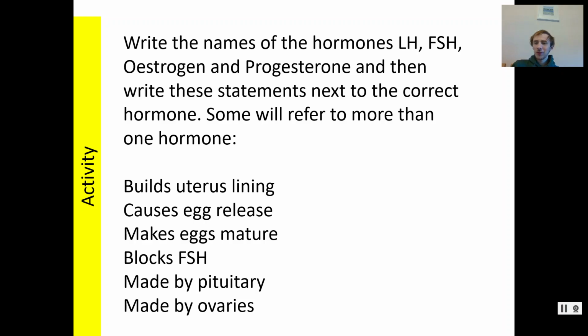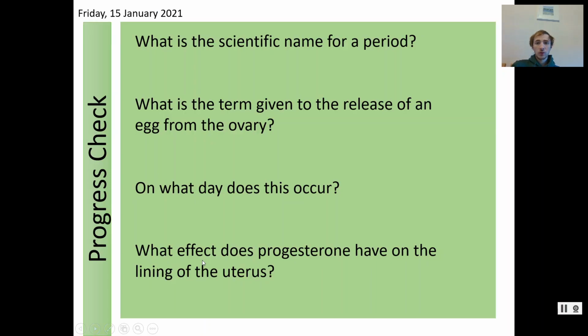LH and FSH are made by the pituitary. Right, now that's pretty much it. I've got one more set of questions, and again, just have a look at that. Make sure you do them. Write them down if you need to, and then we will be done.